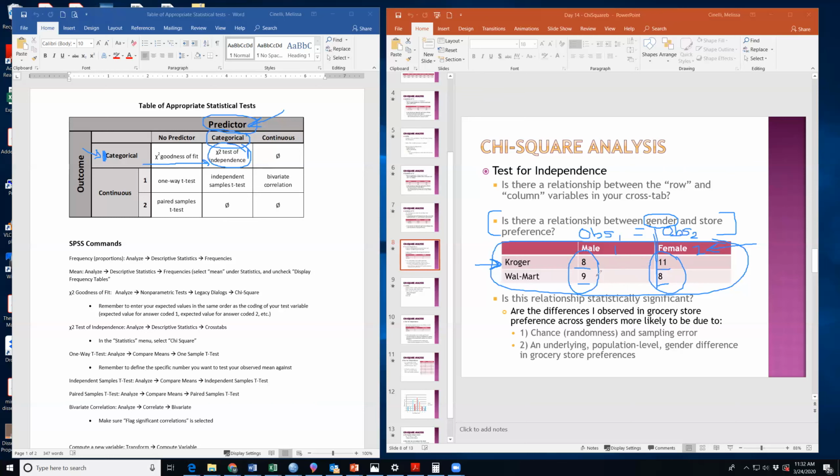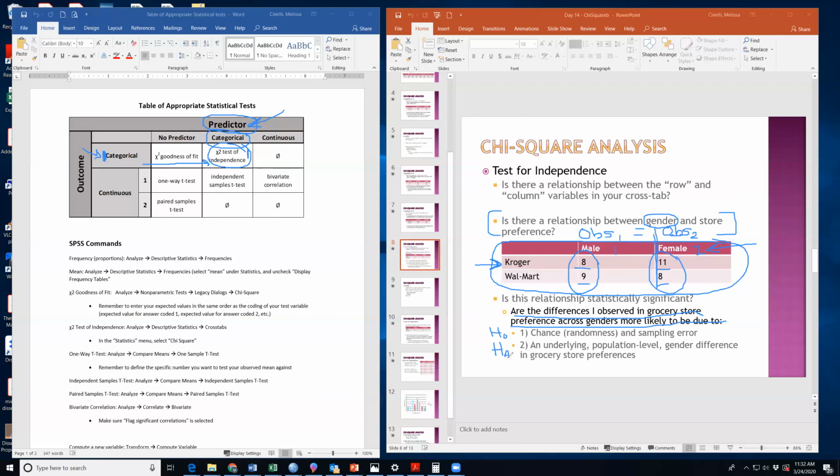And so given that I've recognized these differences in my sample, the question is, are the differences I observed in grocery store preference across gender more likely to be due to chance and randomness? It's just sampling error. That's our null hypothesis. Yes, I see a difference, I think that difference is just error. Or are the differences so large that we think they reflect an underlying population level gender difference in grocery store preferences?